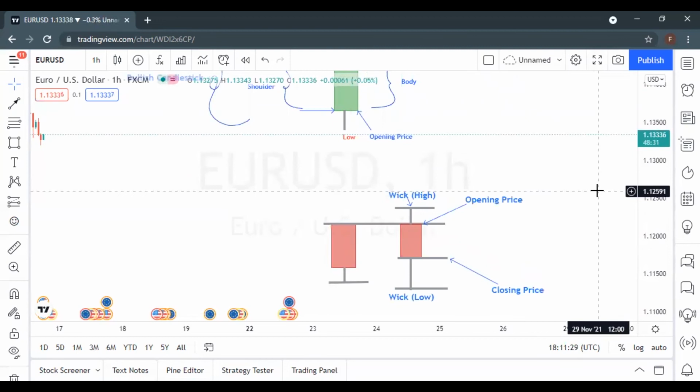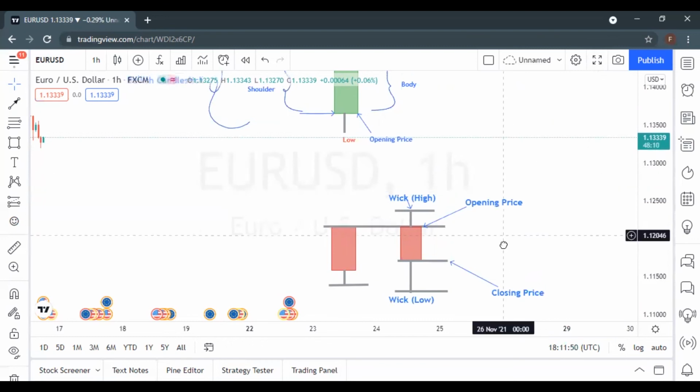So basically, if you take a look at this, you realize that how the bullish candlestick is formed and how the bearish candlestick is formed is different. The only difference there is the opening price and the closing price. If we're in a bullish market, the opening price is going to be at the bottom, then the closing price is going to be at the top, which means the market is pushing to the upside.